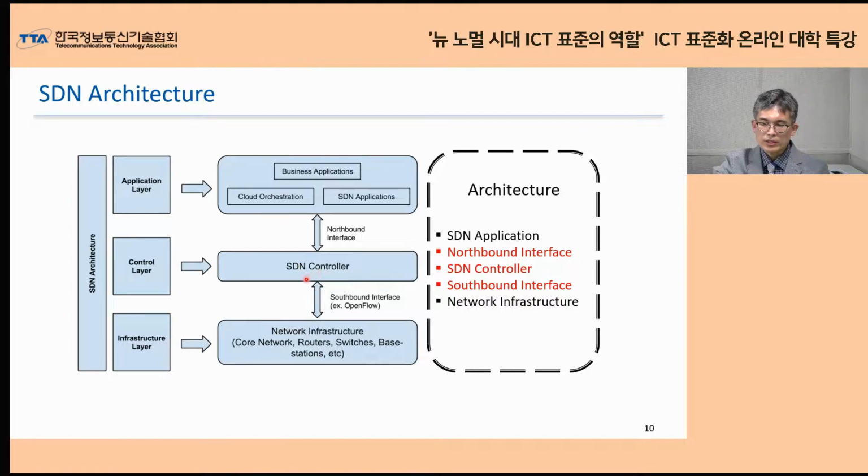In the middle layer, the SDN controller is connected to the application layer, such as business applications, cloud orchestration, and SDN applications, using the northbound interface. On the other hand, through the southbound interface, such as OpenFlow, network infrastructure components are configured, such as core network components like routers and switches and the base stations in the cellular network.